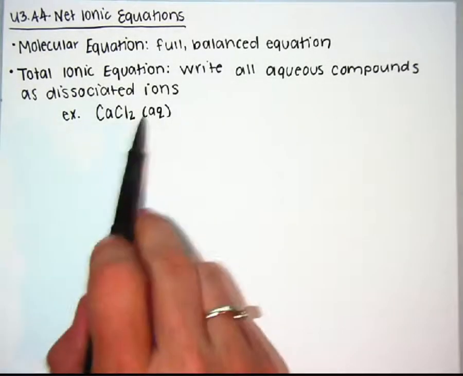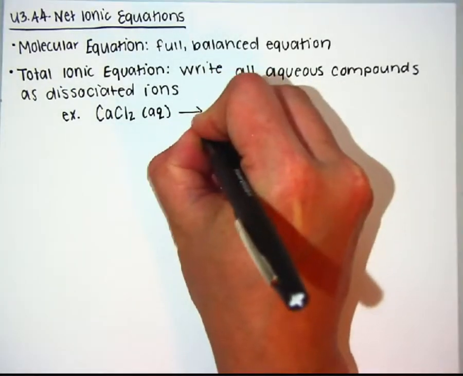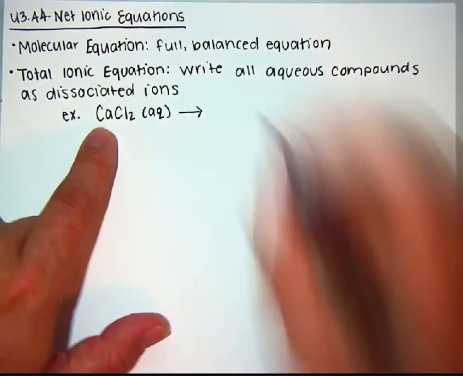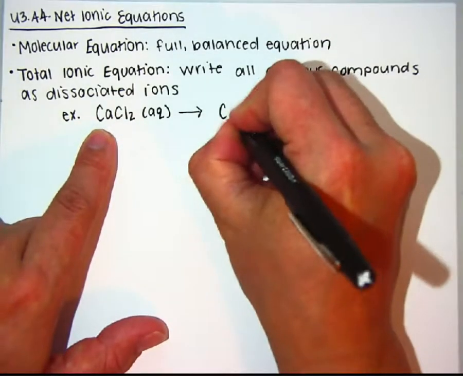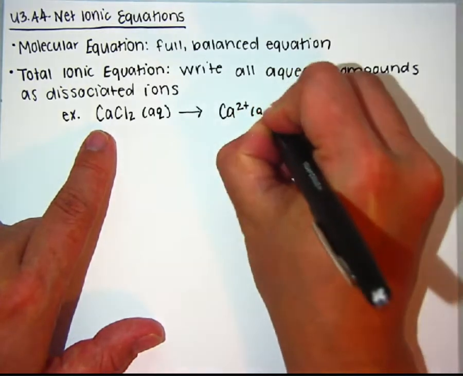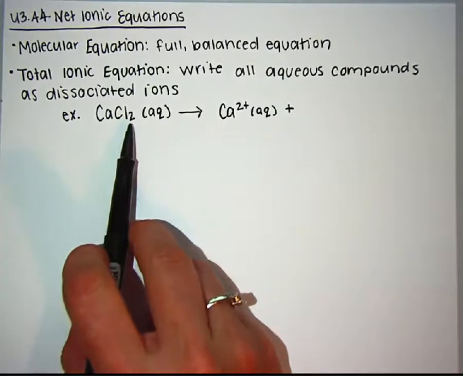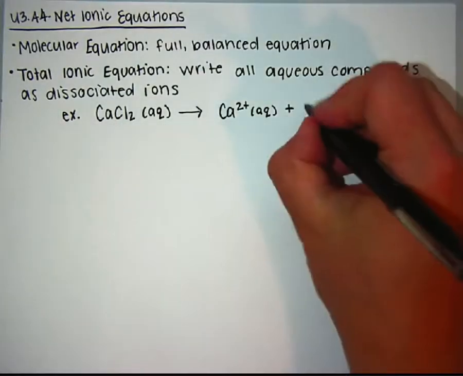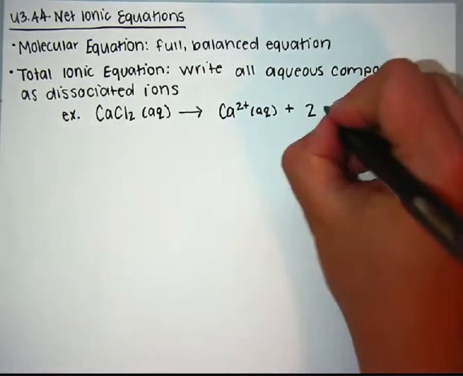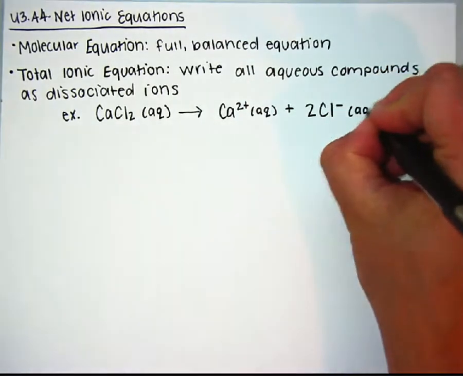If I were to dissociate it, I'm going to break it up into its individual ions. I have one calcium, and calcium as an ion has a charge of 2+. This subscript 2 tells me I have 2 chloride ions. Chloride has a charge of -1.